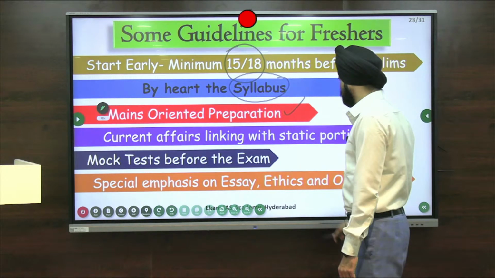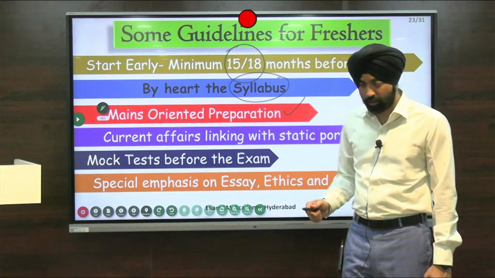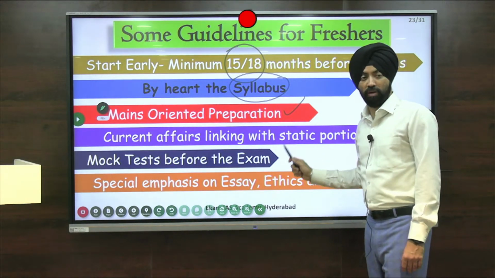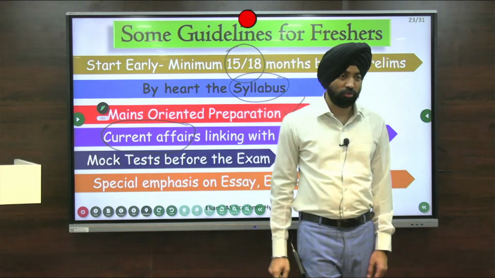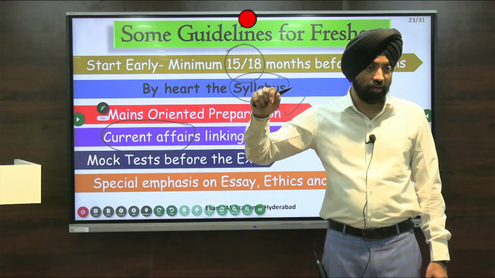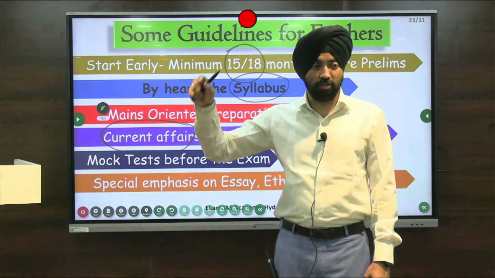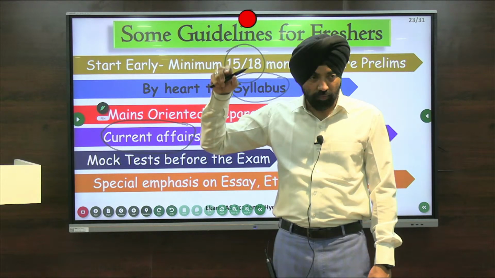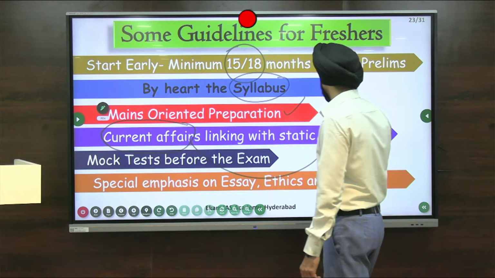Current affairs linking with static portion is very, very important. If you do not link your current affairs with the static, you will never know why you are reading this current affairs in the first place. So whenever there is a current affair related to inflation, the appointment of president, appointment of vice president, the role of Election Commission of India, you have to always go back to your static part of that particular subject.